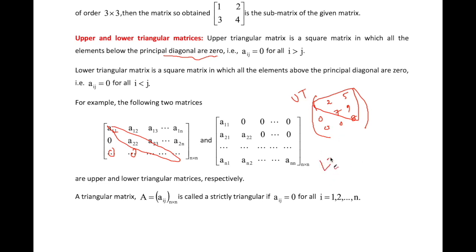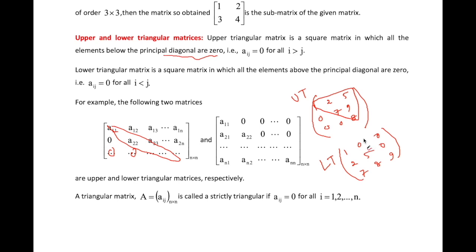Again, the lower triangular matrix will be what? If all entries above the principal diagonal are 0, you see 1, 0, 0, 2, 5, 0, 7, 8, 9. This is a lower triangular matrix because all entries above the principal diagonal are 0.